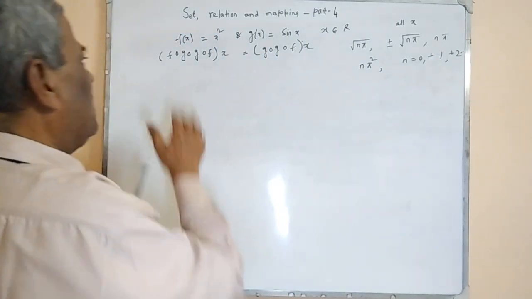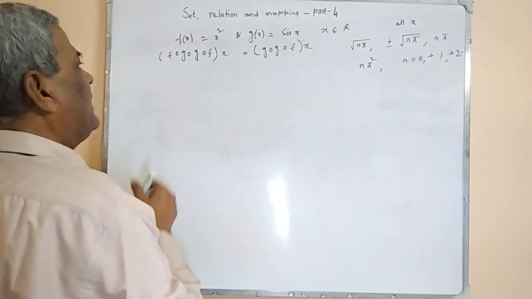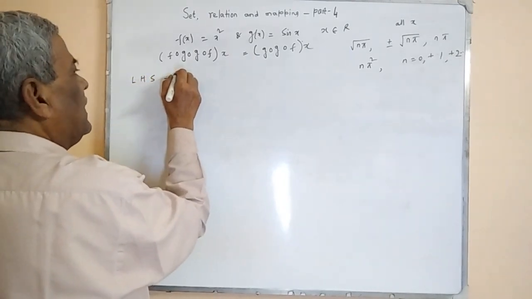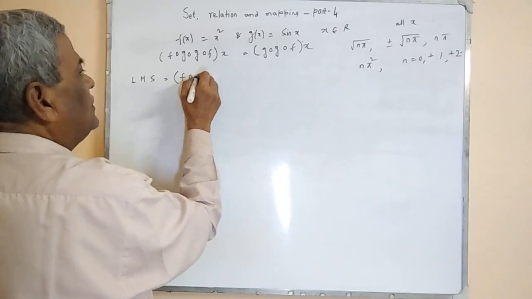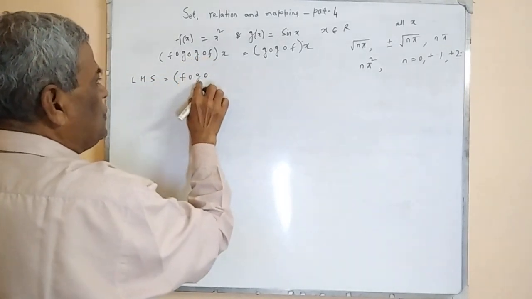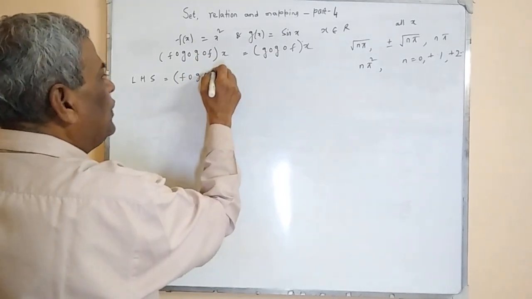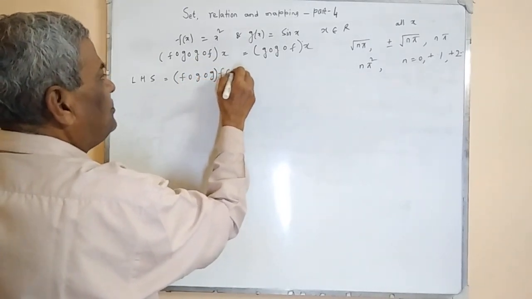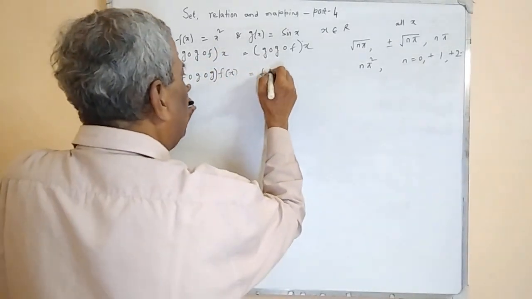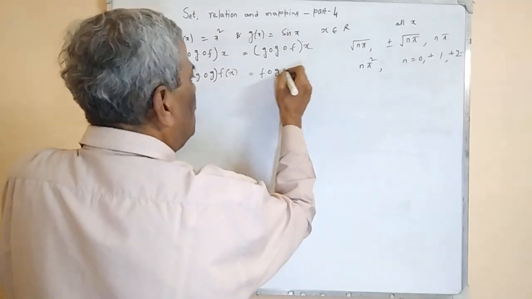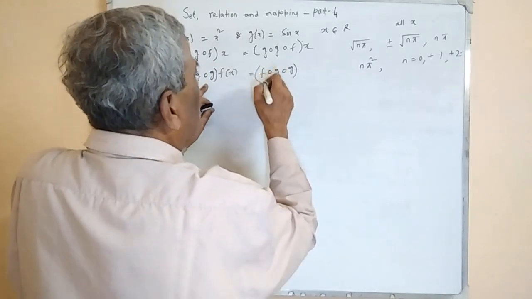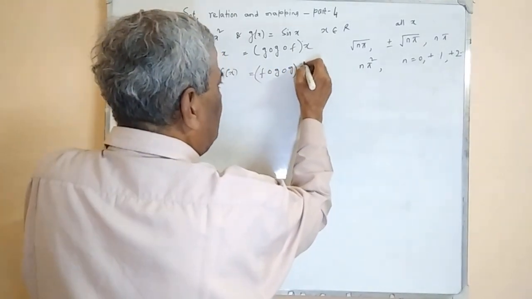Now let us see. We are given this is equal to that. Left hand side is f composition g composition g of f(x), which is equal to f composition g composition g, and f(x) is x square.